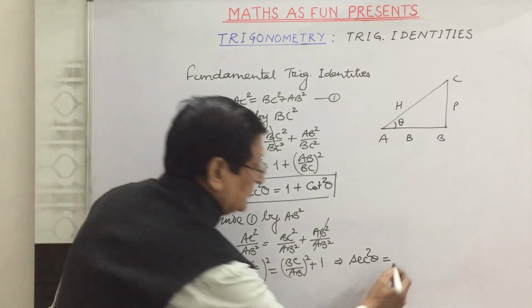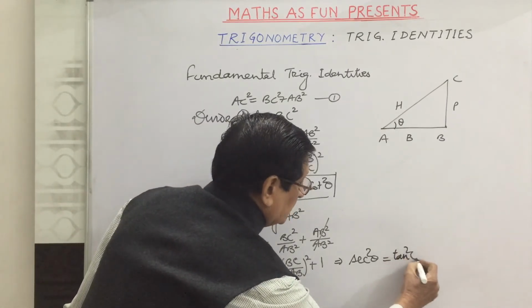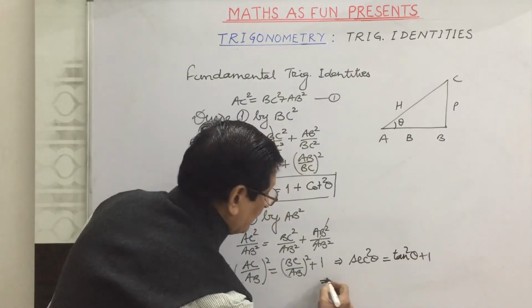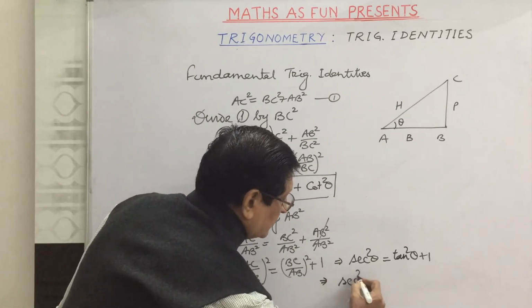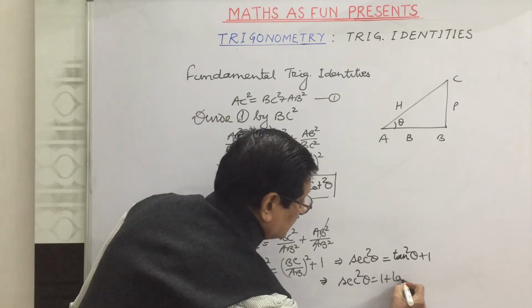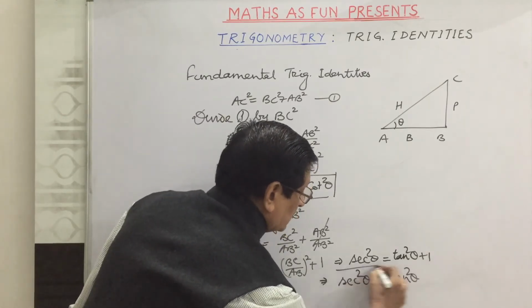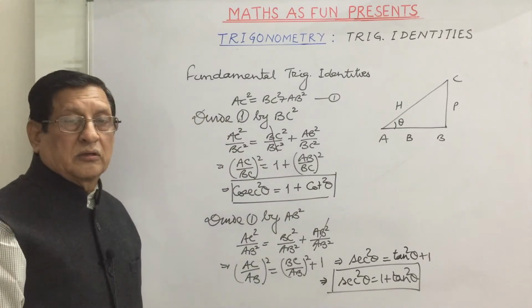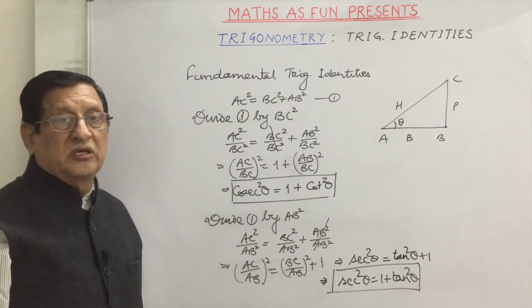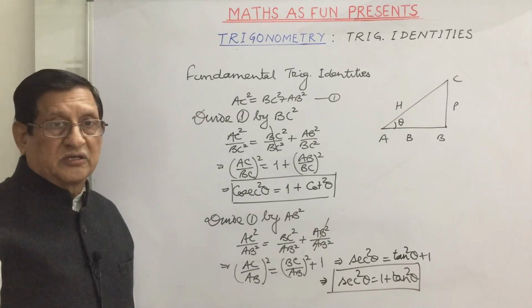Perpendicular upon base is tan theta. So this is tan square theta plus 1. And we have got the next identity, that is sec square theta equal to 1 plus tan square theta. So like this we can get the proof of all these three fundamental identities.